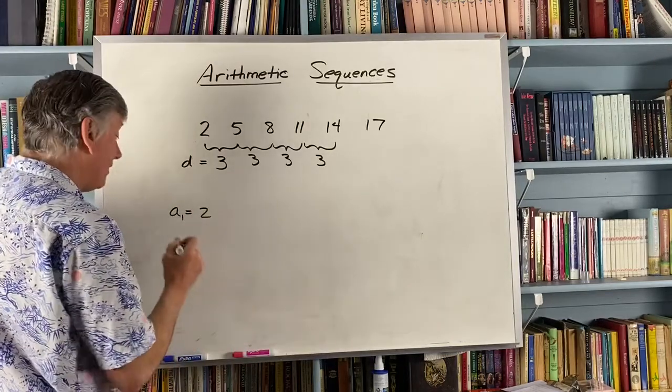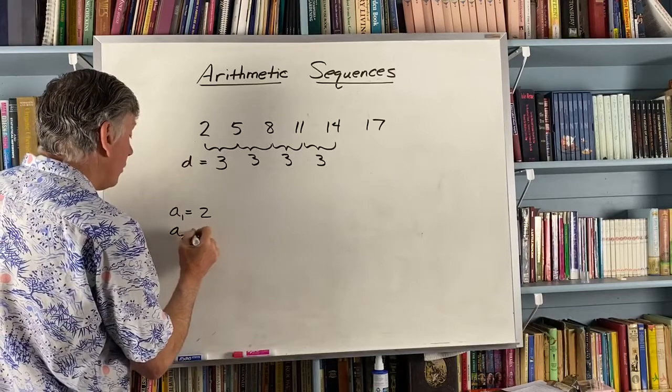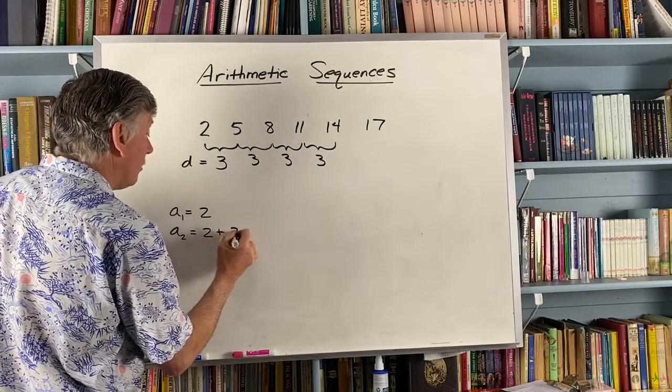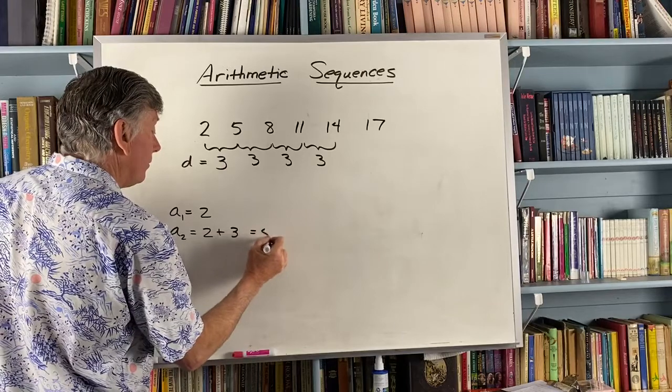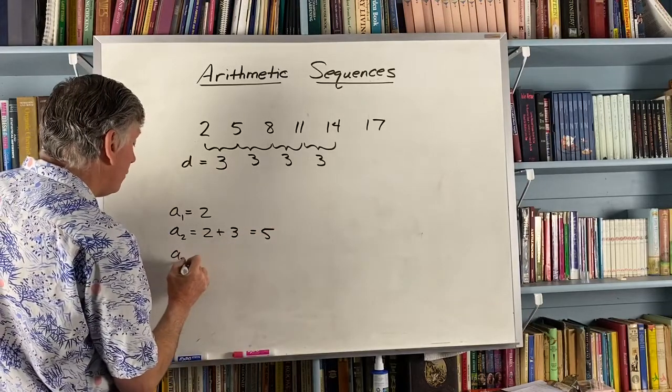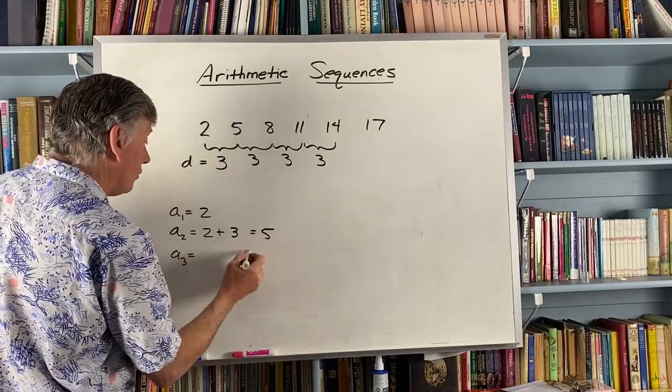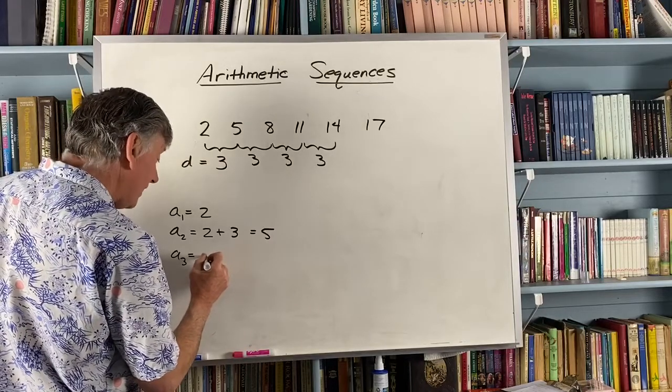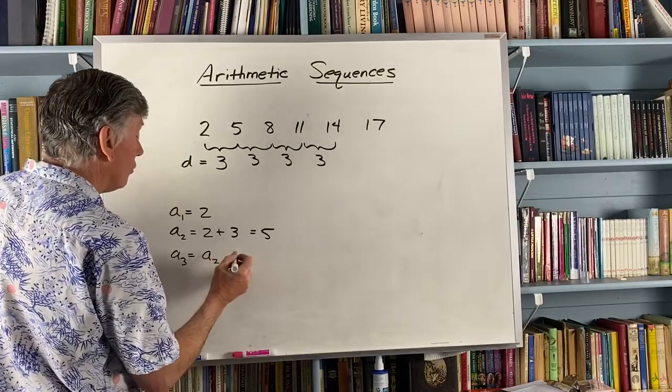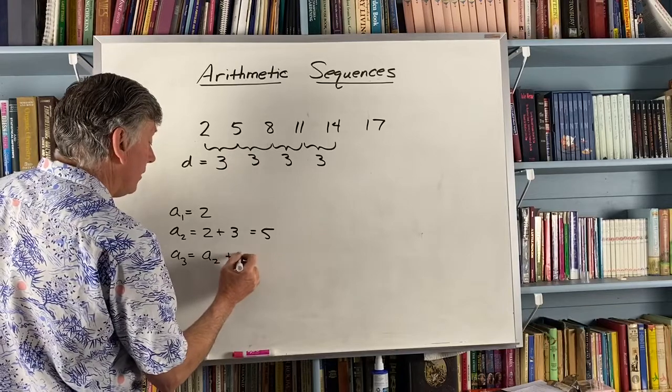If I want to know what my second term is, it's going to be 2 plus 3. If I want to know what my third term is, it's going to be my second term, A2, plus 3.